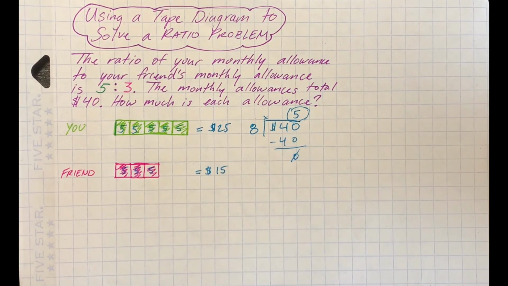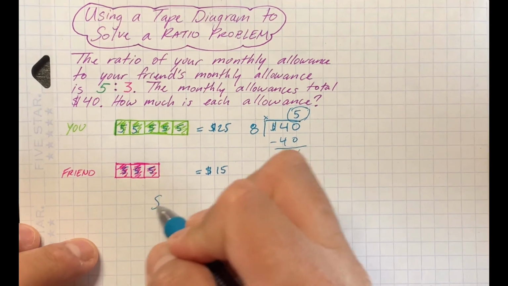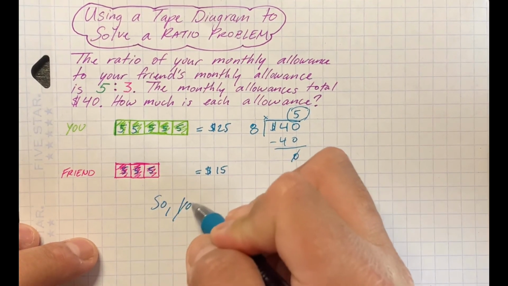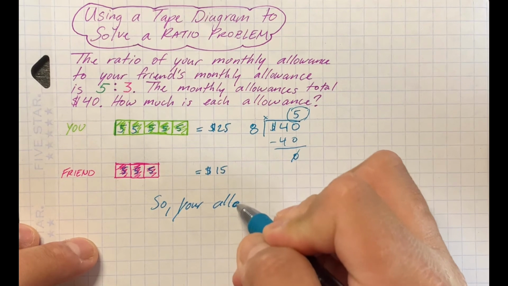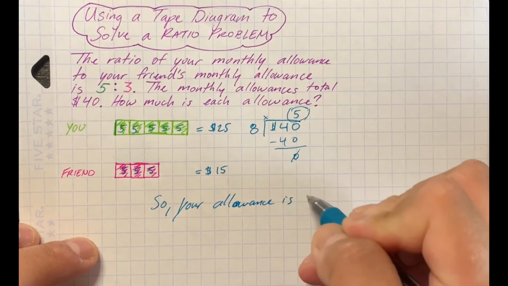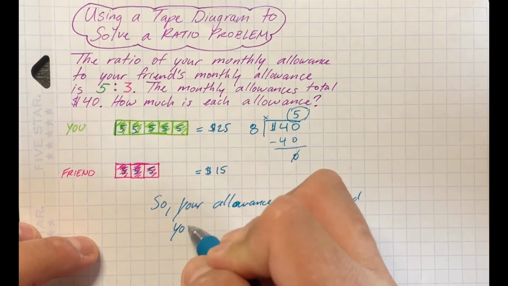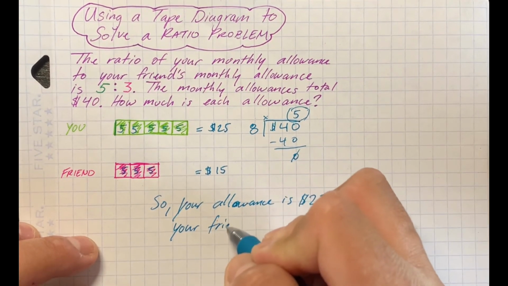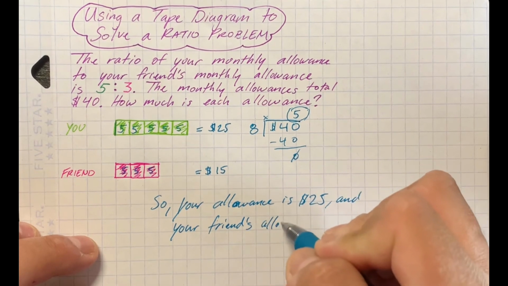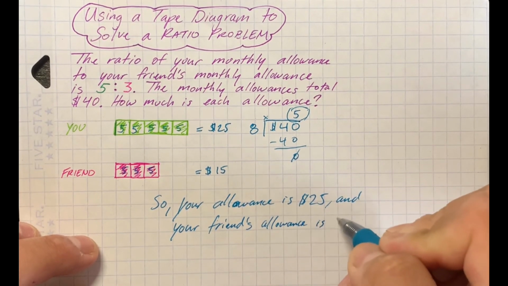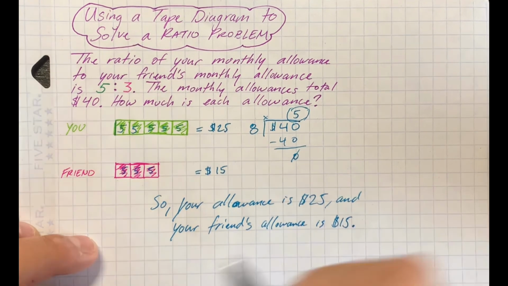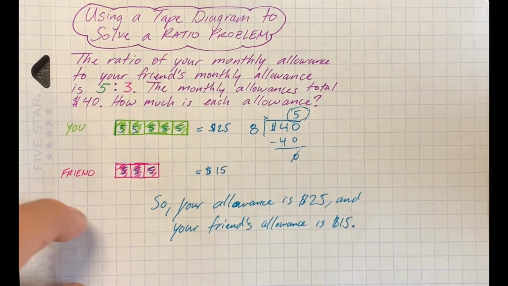All right, we're done. So your allowance is $25, and your friend's allowance is $15. So you make about $10 more a month than your friend does.